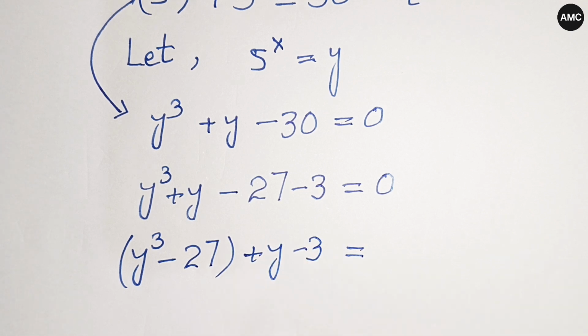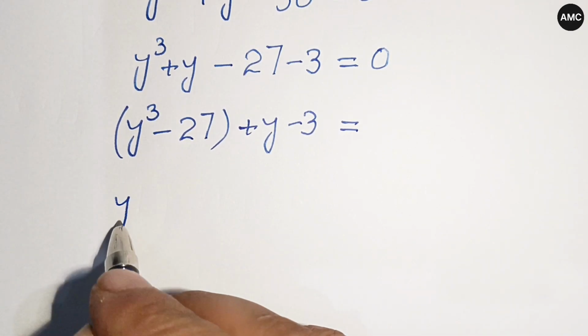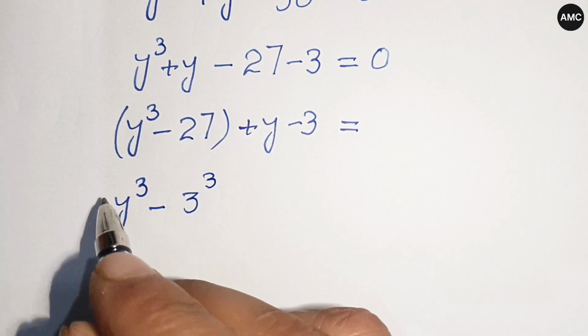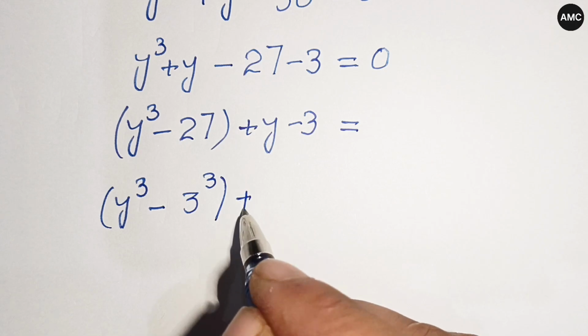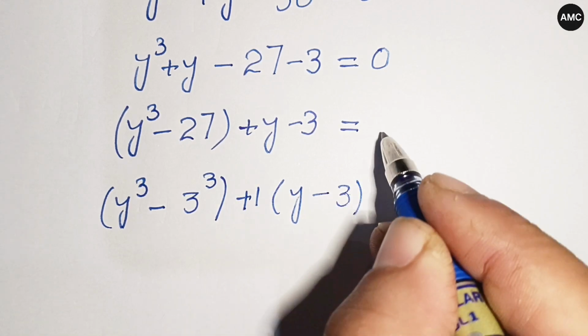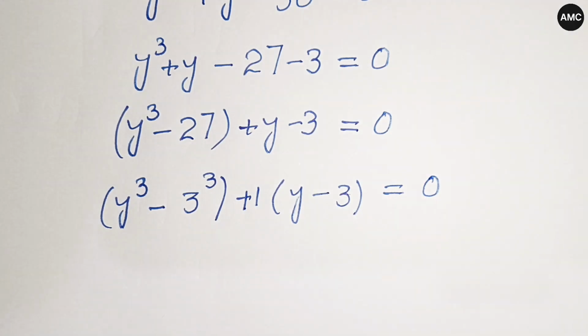Here we group two pairs. Now y cubed minus 27 can be written as y cubed minus 3 cubed. Here if we take 1 as common, we get inside the bracket y minus 3, which is equal to 0.